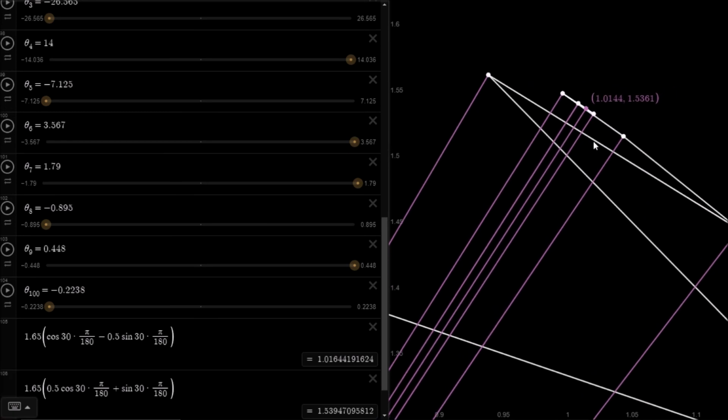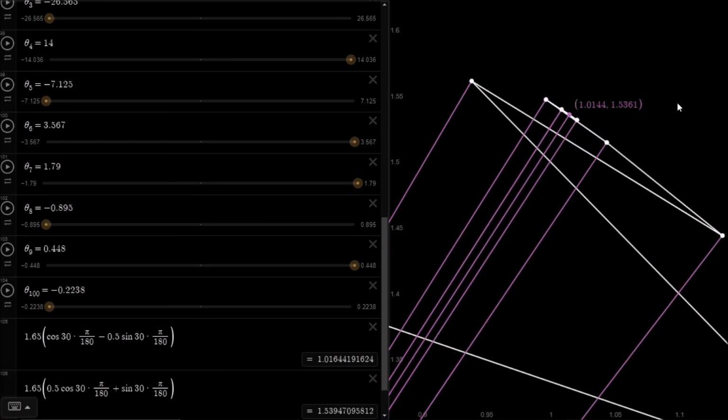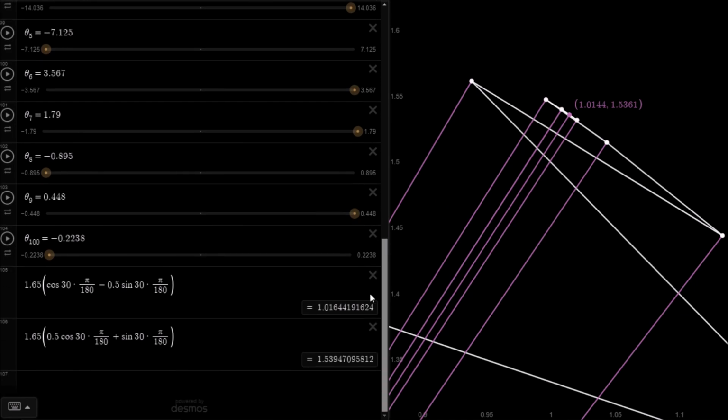Now this particular algorithm isn't actually one that we've covered here in the course, but the output should be of the form: the value Kn times the cos of our 30 minus the Yn, which is 0.5, times the sine of the 30.